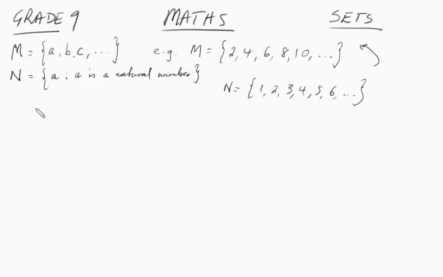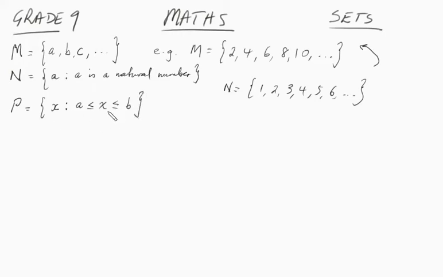All right. Now, let's say we have set P, which is a set of, let's say, element X, such that A is less or equal to X, which is less or equal to, say, B. All right.